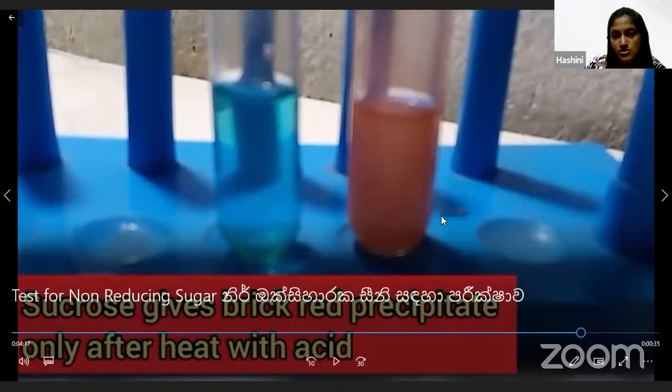So you know, glucose gives the color change for the Benedict solution. So ultimately we can get the brick red precipitate. Okay. So you can find the videos on YouTube also. Okay. I will share the screen again.